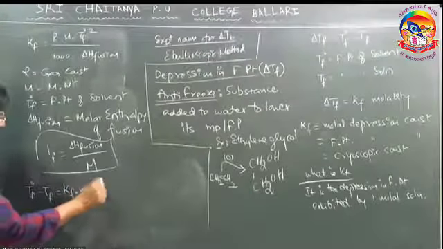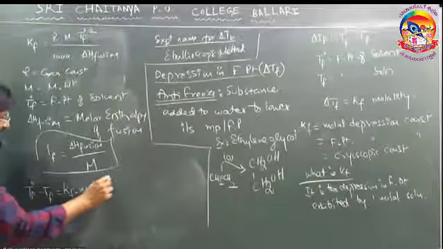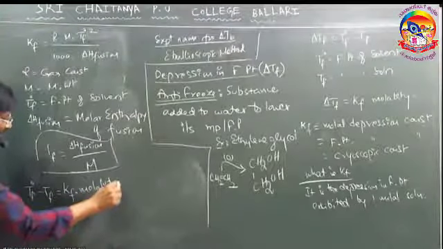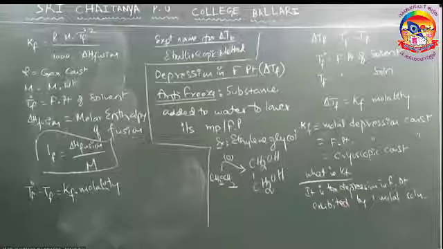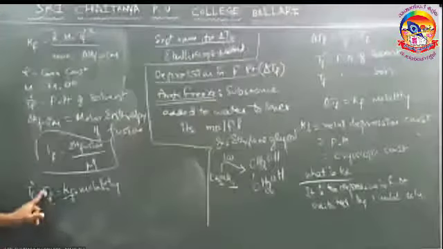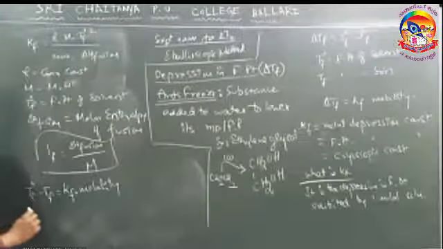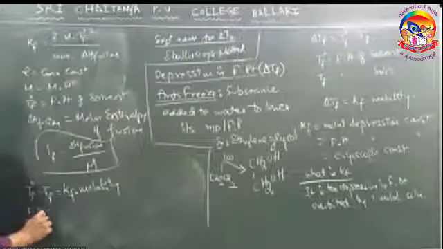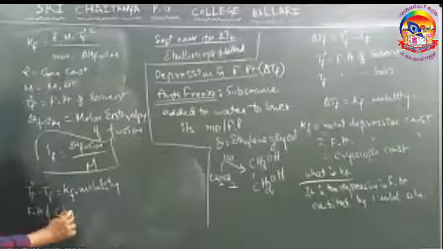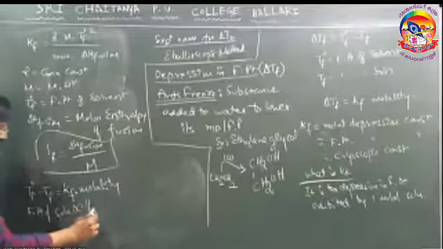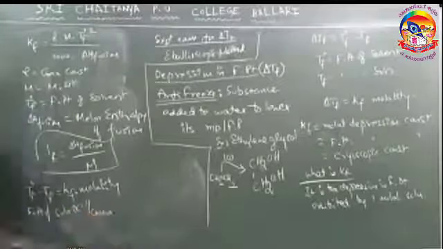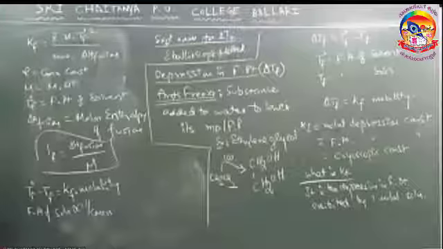Now listen, T naught F is constant, KF is constant. How is TF related to molality? Inversely. So the freezing point of a solution is inversely proportional to concentration. Remember.